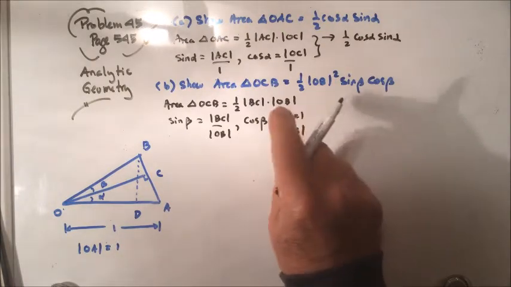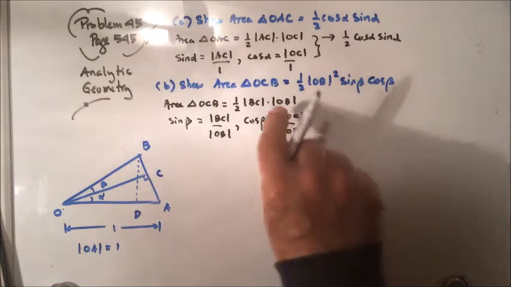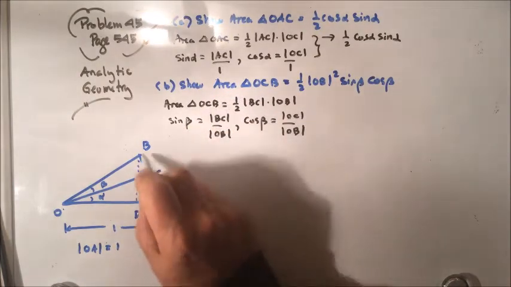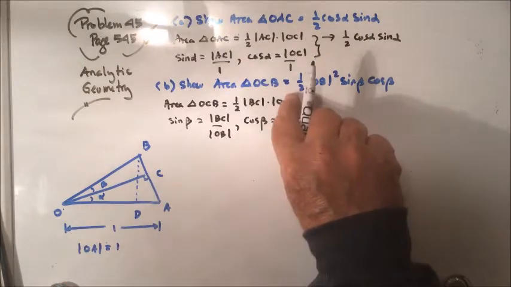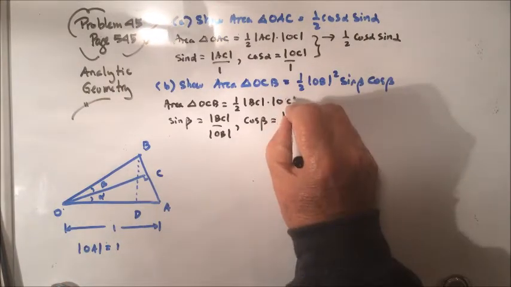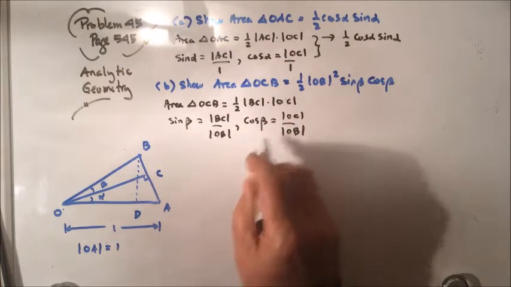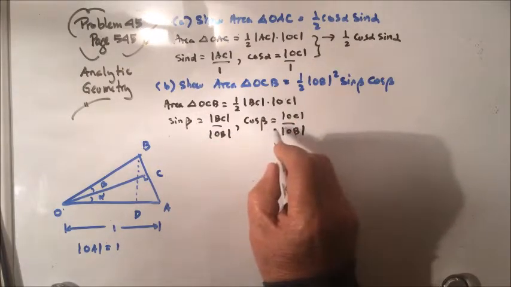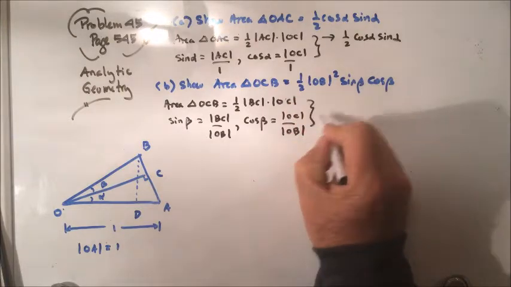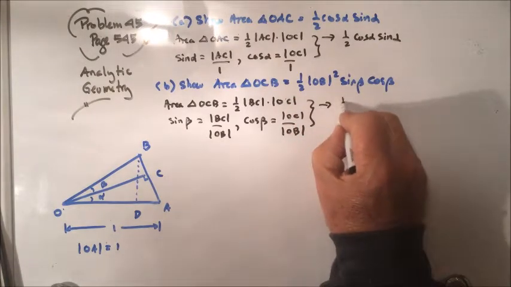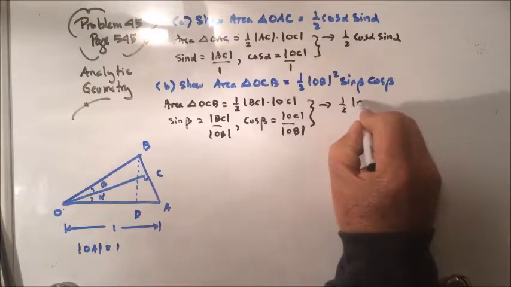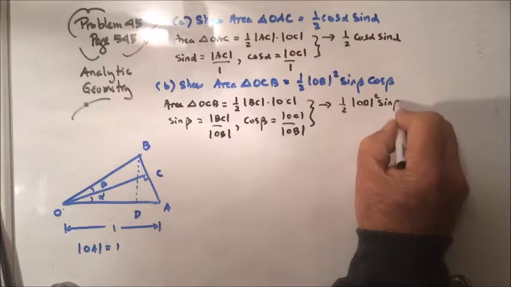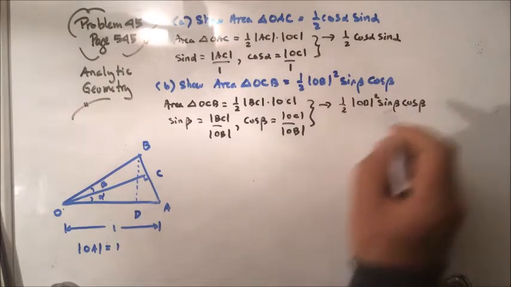I wrote something wrong here. The area of triangle OCB is the base times the height, which is OC. There you go. So what's BC? It's OB sine beta. What's OC? It's OB cosine beta. Throw that into here, and this becomes 1/2 OB squared sine beta cosine beta. So we're doing real well.